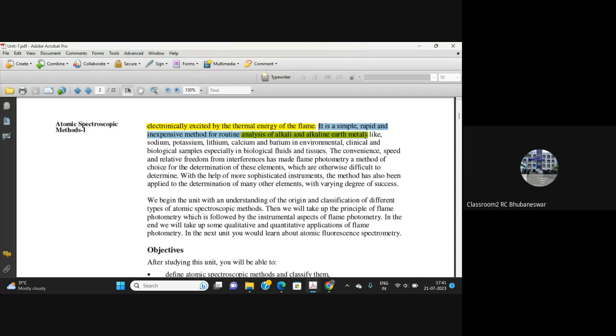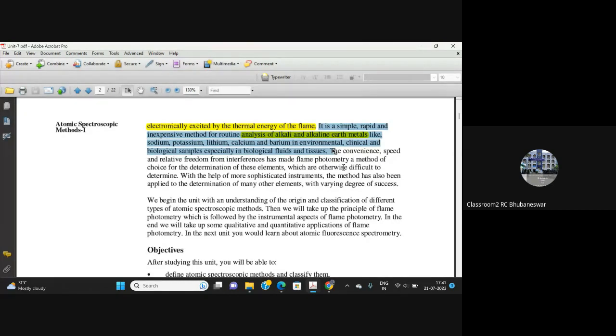Mostly this flame photometry technique we use for analysis of alkali and alkaline earth metals like sodium, potassium, lithium, calcium, barium in environmental as well as clinical and biological samples, specifically in biological fluids and tissues.